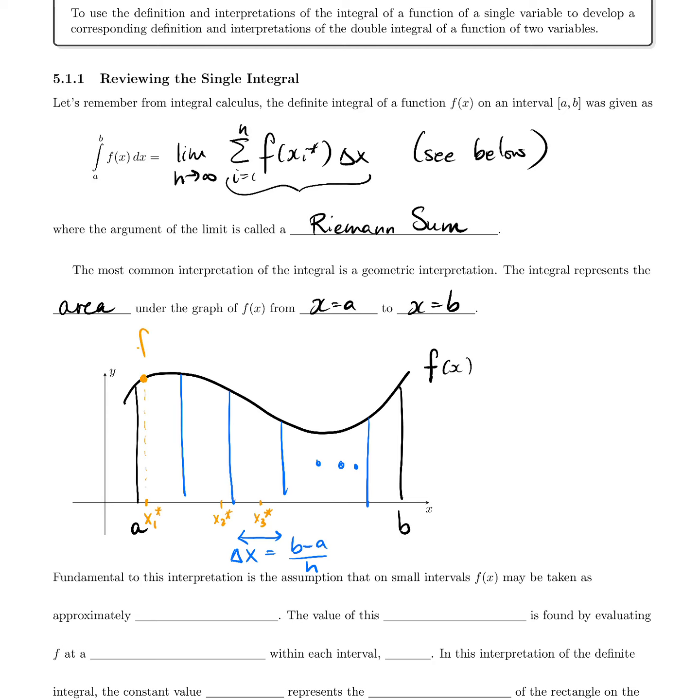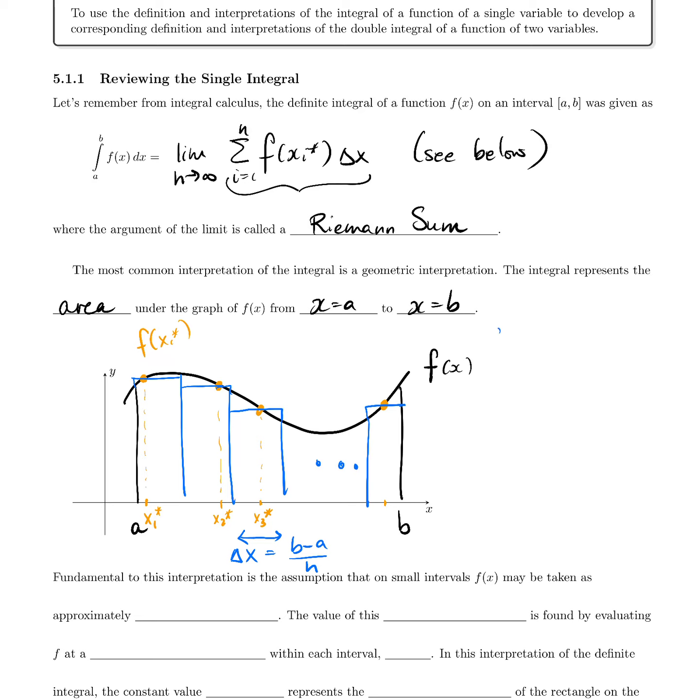So that point there is f of x1 star, and similarly f of x2 star and f of x3 star, and so on and so forth. And these function values, that's where you decided to draw the height of your rectangle. So each of those rectangles has a base, that's delta x, and a height, that's the function value at some sample point.